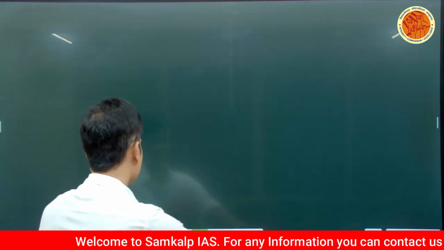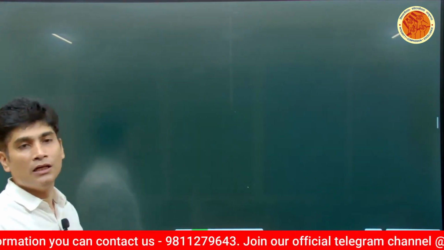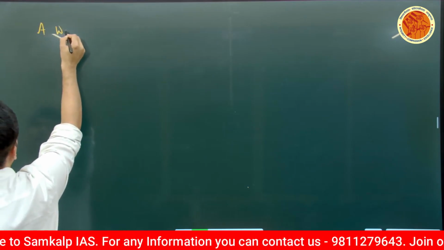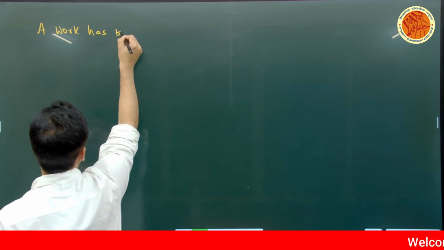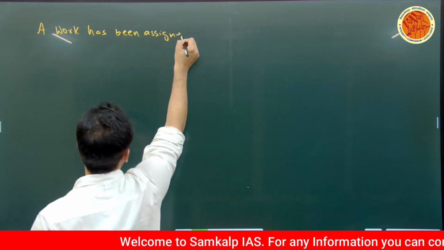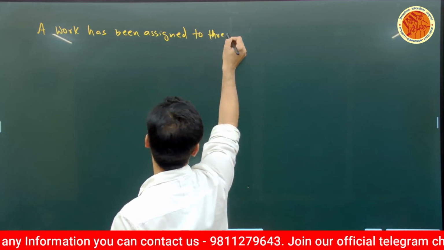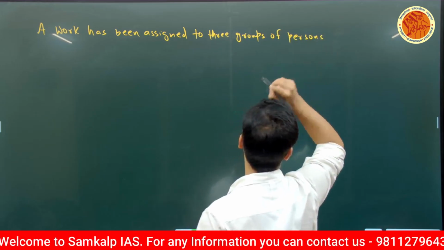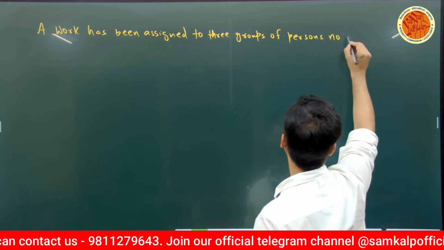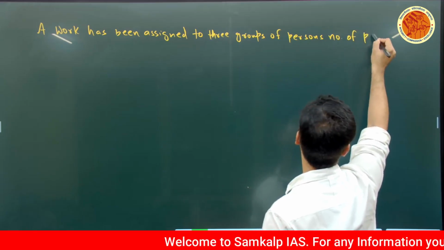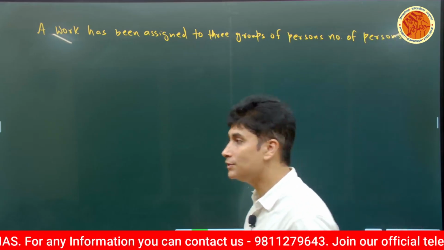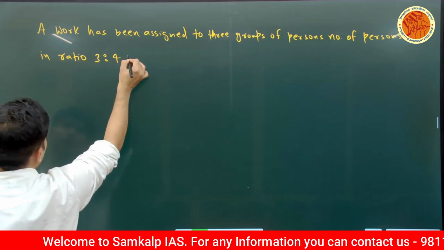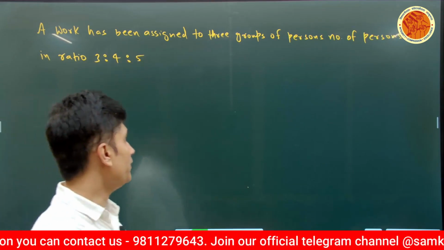The question is, a work has been assigned to three groups of persons having number of persons in ratio 3:4:5.